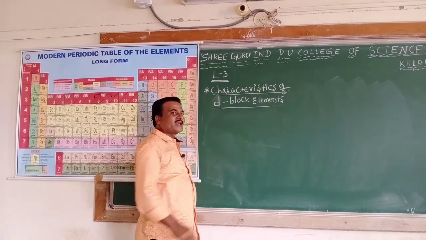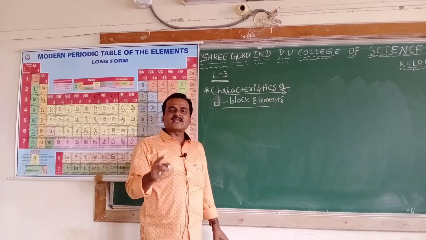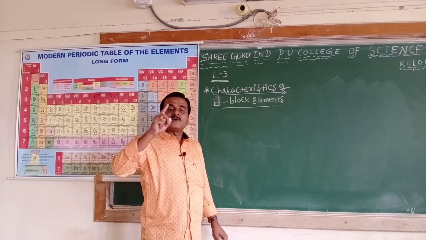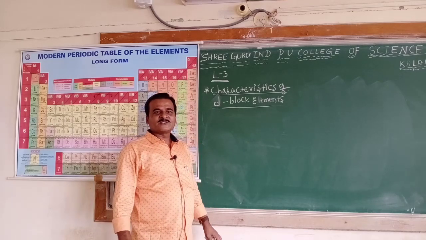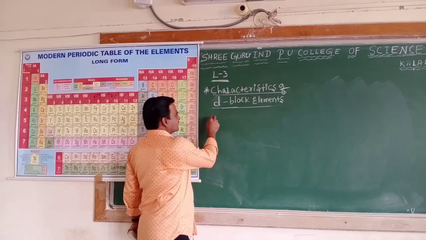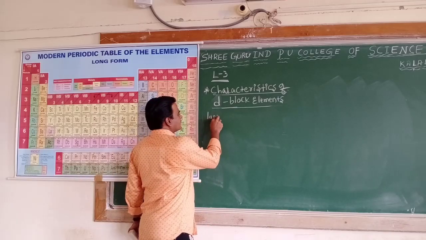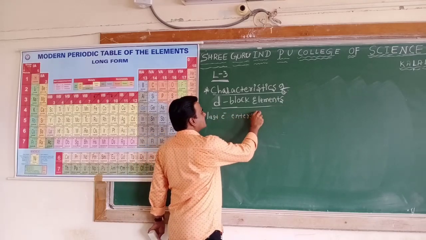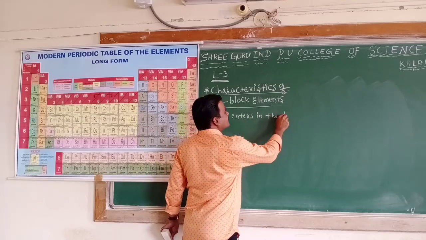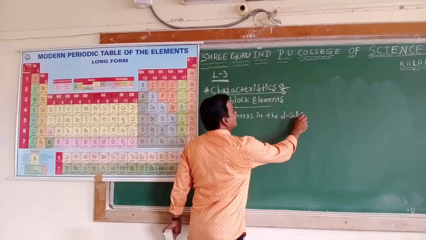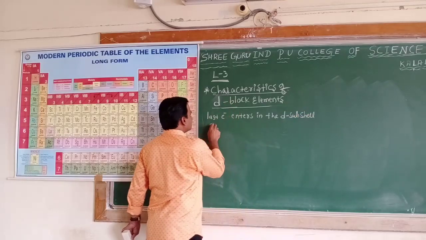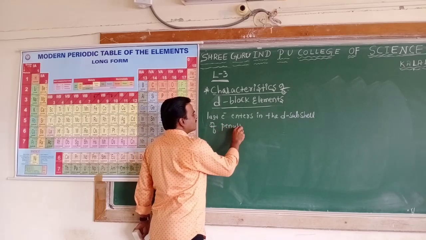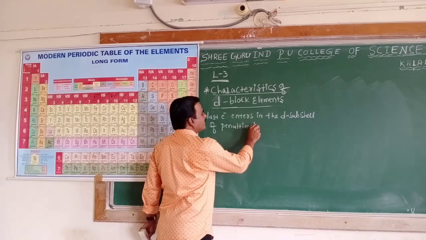D block elements are the elements in which the last electron enters the d subshell of the penultimate orbit.